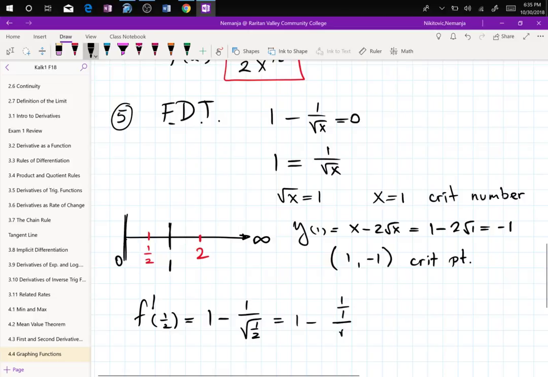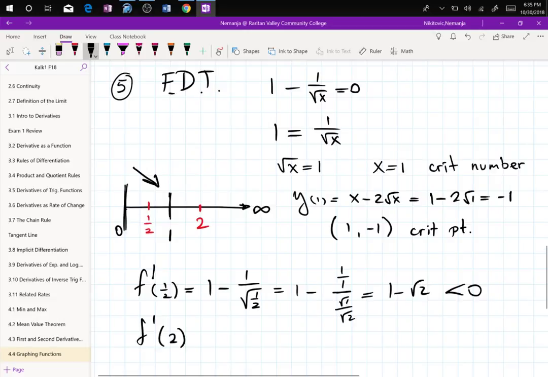The bottom fraction is square root of 1 over square root of 2. This is like the worst thing I wrote today. So the square root of 1 is 1, so you just have 1 minus root 2. I don't care what the value is. I know that root 2 is bigger than 1, so this is negative. If it's negative, we have a decrease over here.